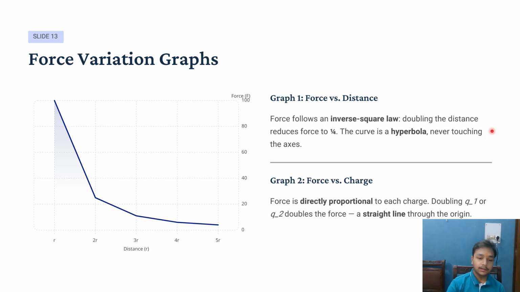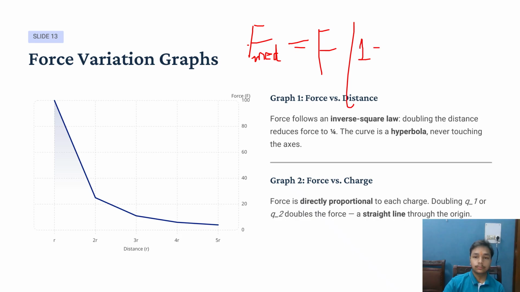So the force experienced in a medium is always smaller than the force experienced in the air or in a vacuum. Because epsilon r is always greater than 1, we can write force in a medium is equal to force in air divided by epsilon r.